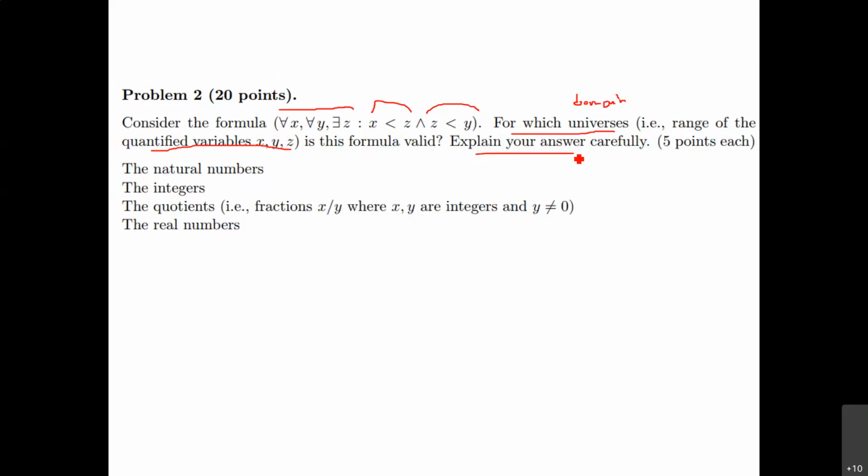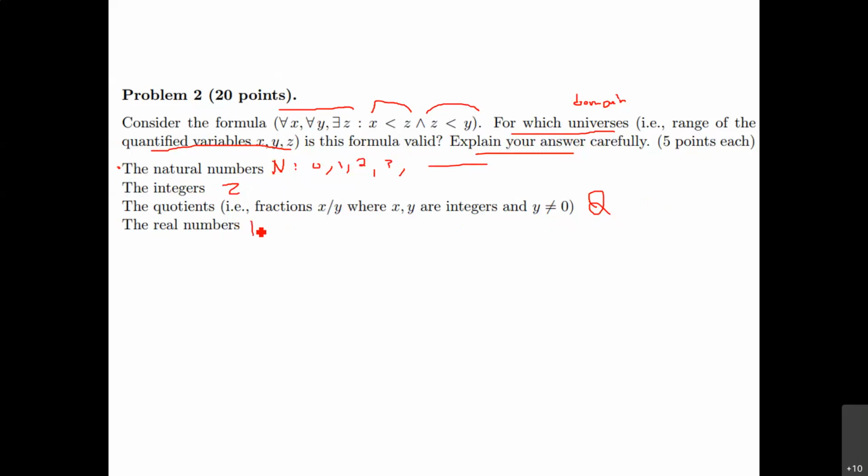Explain your answer. Like we're saying, for these ranges, the natural numbers is just N. It's 0, 1, 2, 3, and so on. Integers, we've seen it. Quotients, it's just the fractions, so it's Q, any fraction x over y. Of course, y can't be 0.